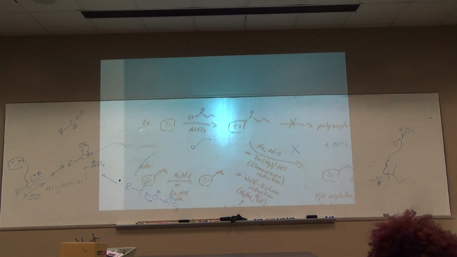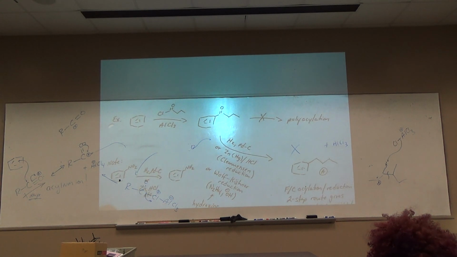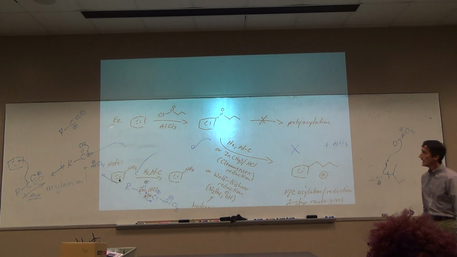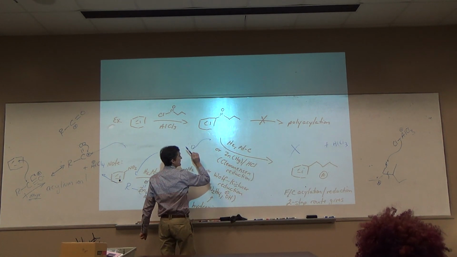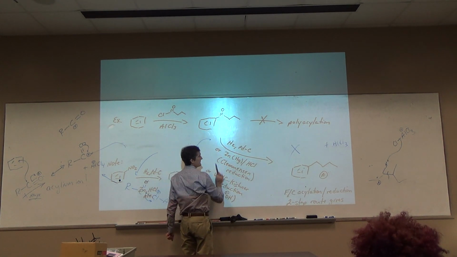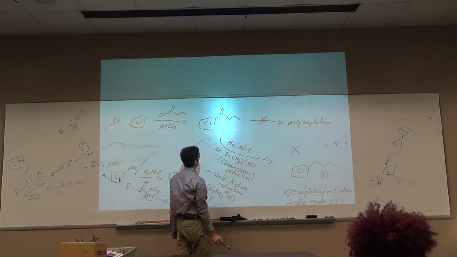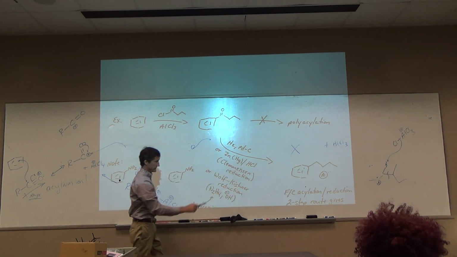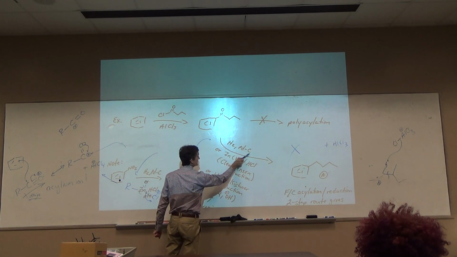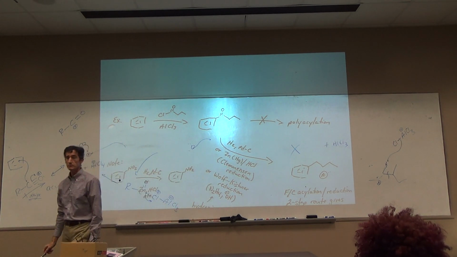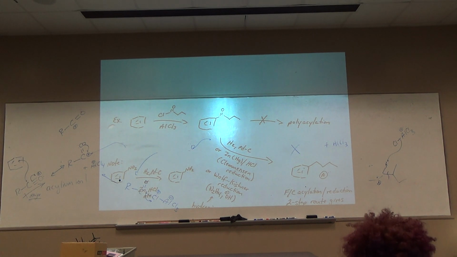Okay. A secondary point here. The carbonyl here that's bonded to the benzene ring, this oxygen can be removed. This carbon can be reduced. It can be reduced using hydrogenation, such as hydrogen and palladium, or platinum, or nickel.